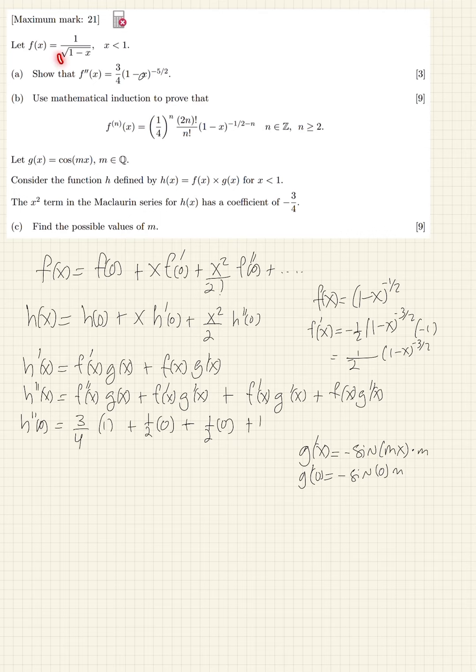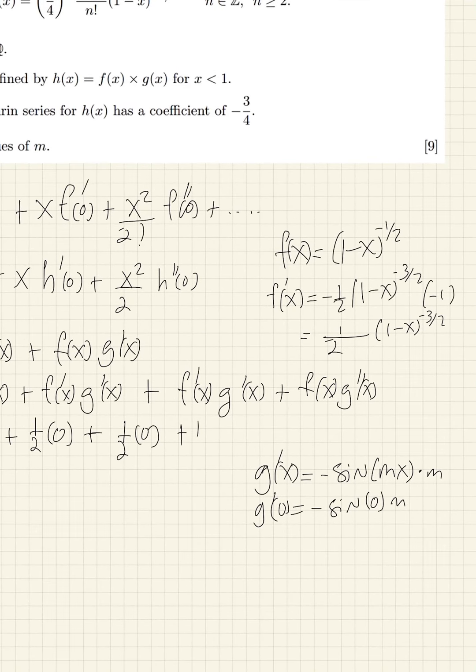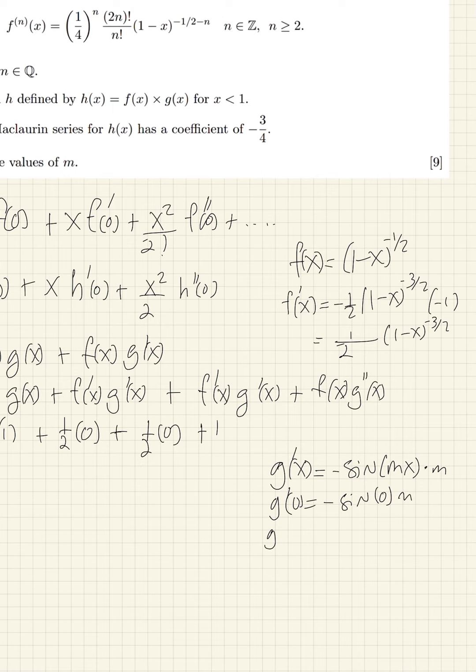We have it right here. All right, 1 minus g prime of, oh, it's g prime prime. So my notation's not very pretty there. It should have been a little cleaner. Perhaps a lot cleaner. It's a little bit late. And the second derivative, well, let's figure it out here. So the second derivative is equal to minus cosine mx times m times m. Does that make sense? Right, because m is not a variable.